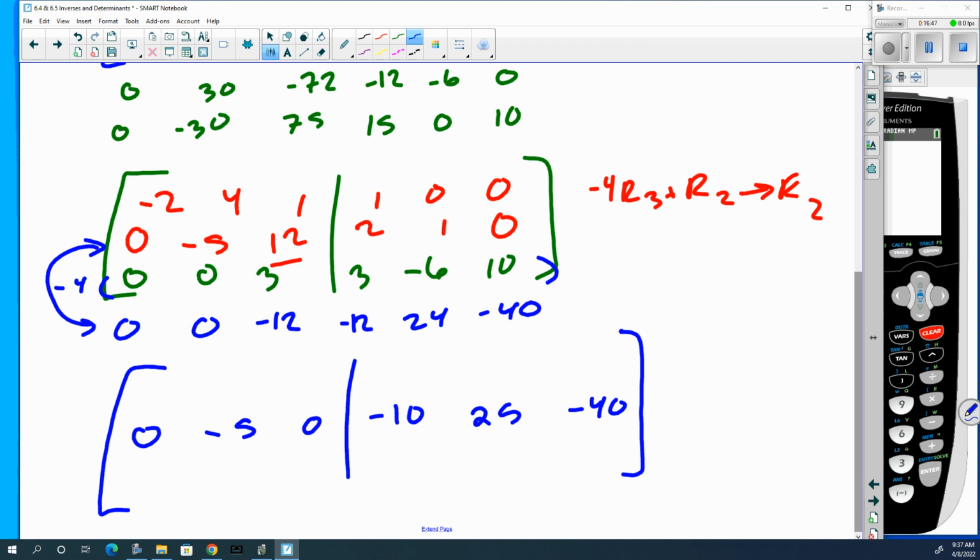Okay, now the next thing I would want is a 0 where this 1 is right here. So if I want to get a 0 there, I could take my bottom row, since this actually works because I want eventually that bottom row right there to be a 1.